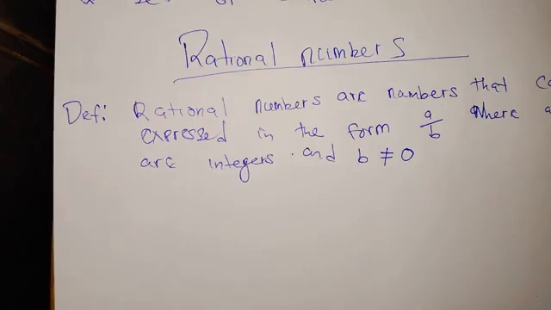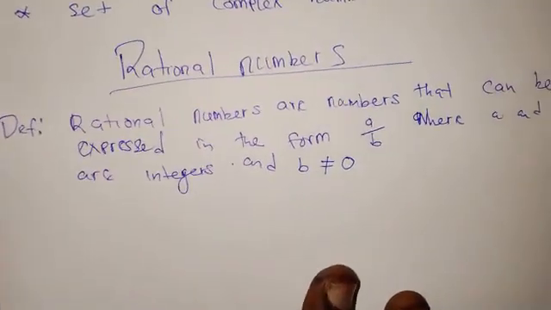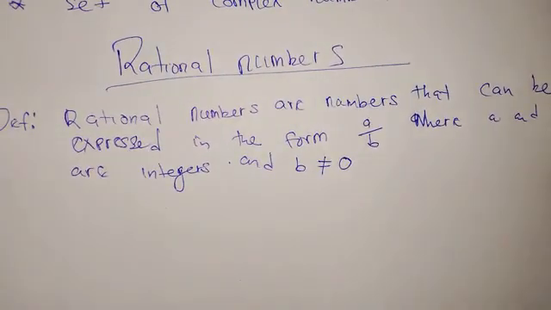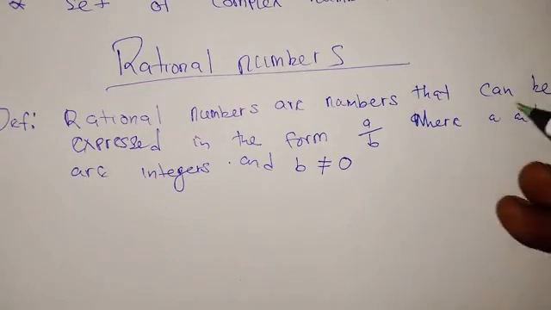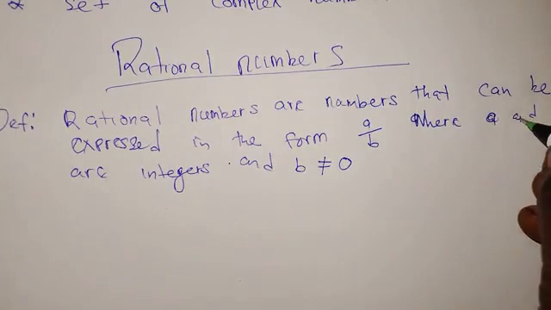So now look at this. We're simply saying that rational numbers are numbers that can be expressed in the form A over B, where A and B are integers.